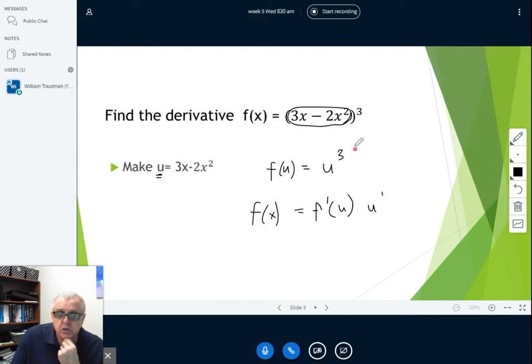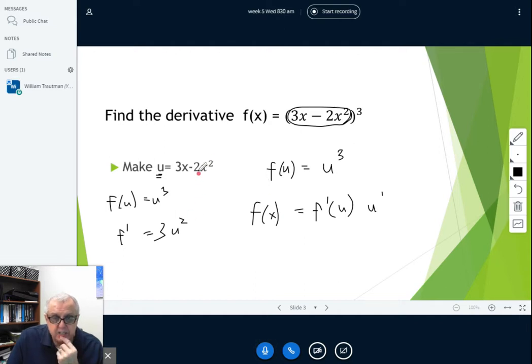The derivative of this function is 3u squared.